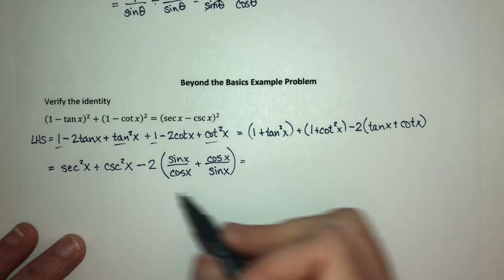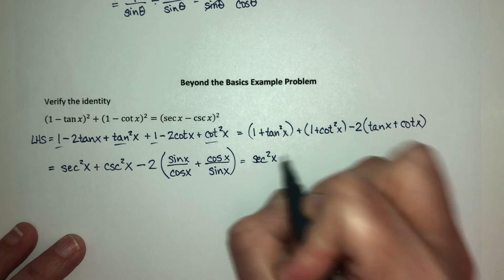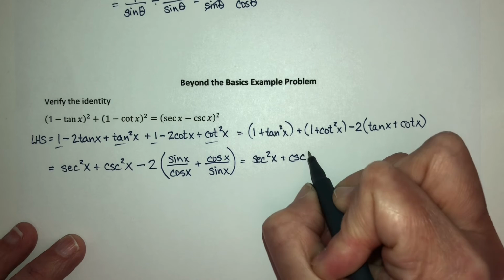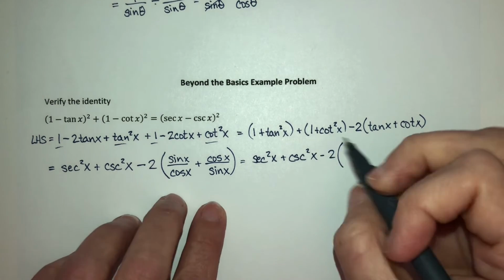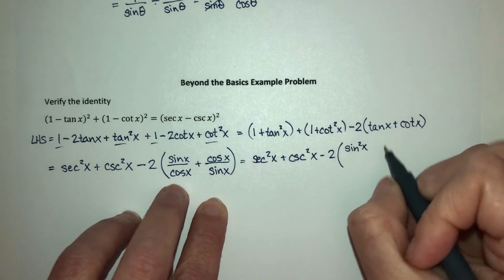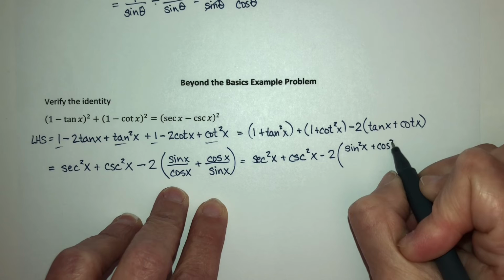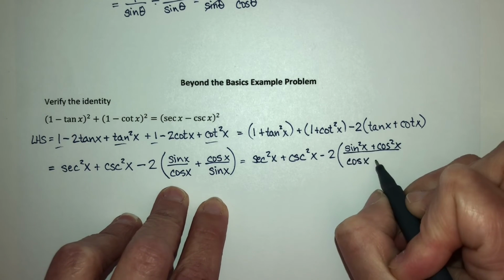So getting a common denominator in here and combining, I'll have secant squared x plus cosecant squared x minus 2 times, it's going to be sine squared x plus cosine squared x over cosine x sine x.